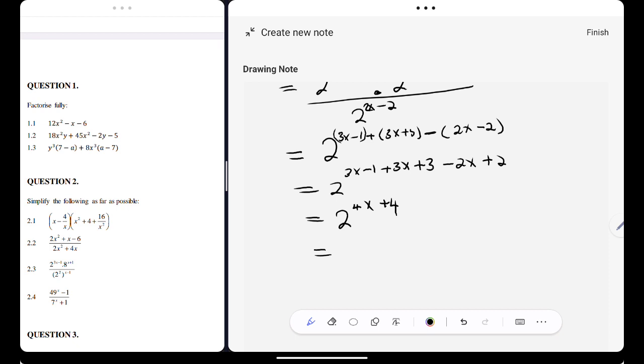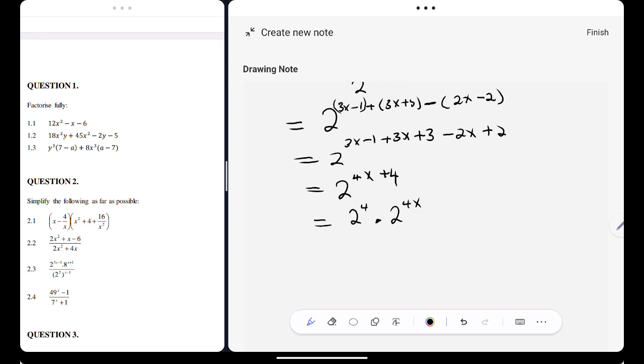So this thing simply means that I have 2 to the power 4 multiplied by 2 to the power 4x. This is the same as 16 multiplied by 16 to the power x.